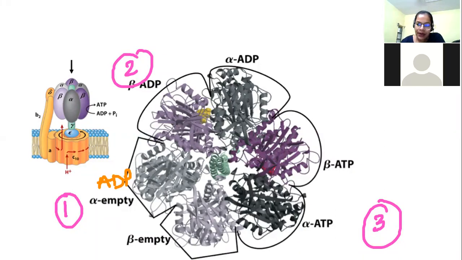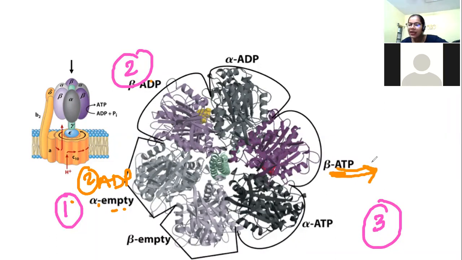What will happen? This ADP is becoming your second condition, right? When it was empty, it was the first condition. Now when ADP comes and binds, it becomes this one, right? So your first becomes second, correct? By that time, the second becomes third, so your ATP will be released.